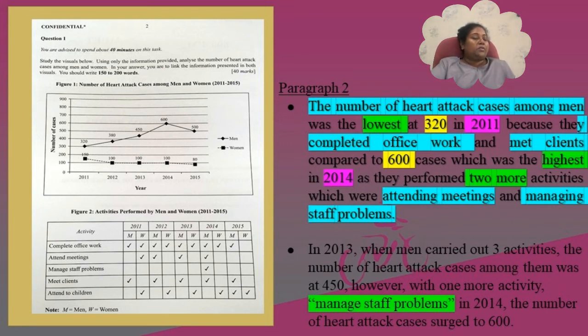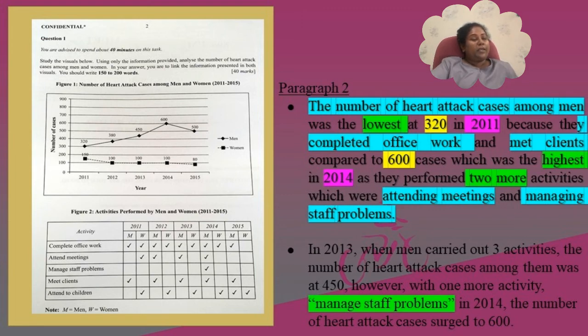However, it looks like an opposite. However, with 1 more activity, manage staff problems. This manage staff problems is taken verbatim, as it is from the table. In 2014, the number of heart attack cases surged to 600.